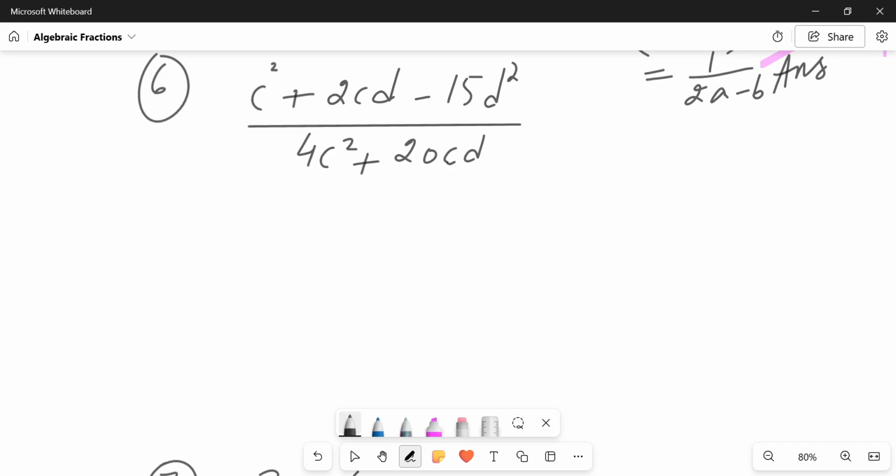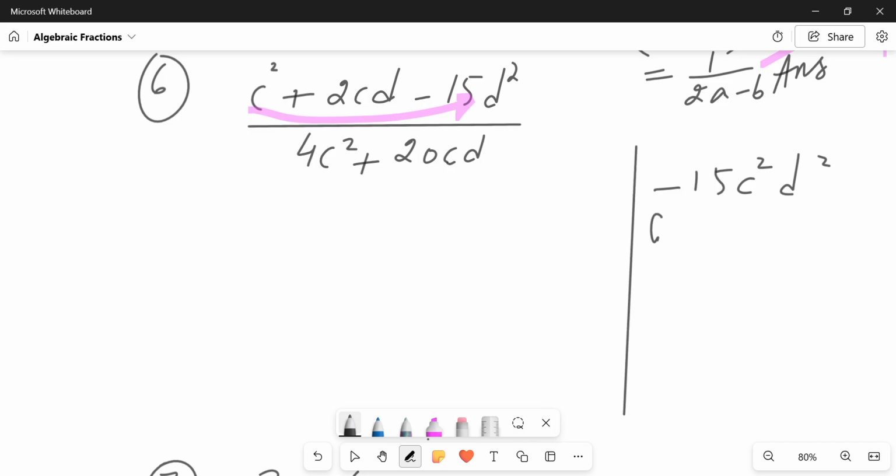So now, how are you going to solve this with the middle term breaking? First and the last. Yes, first and last. What do we do? First and last, multiply, right? So here, when we multiply, we get minus 15 c square and d square. This is my working column. Okay.